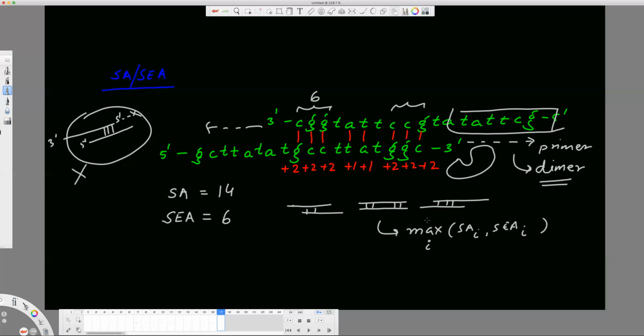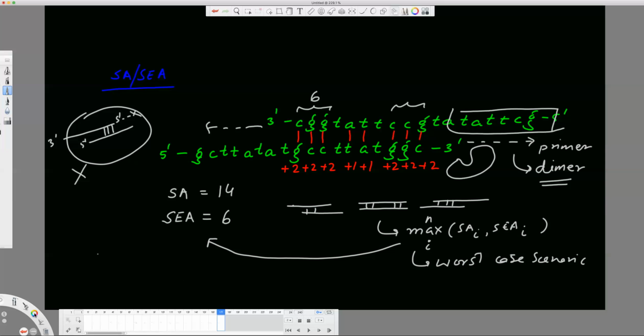There could be n different combinations. So we take the max of this, which means that I'm considering the worst-case scenario. In the worst case, what is the primer dimer formation tendency? That will be my SA and SEA. So this is the way we calculate the SA and SEA.